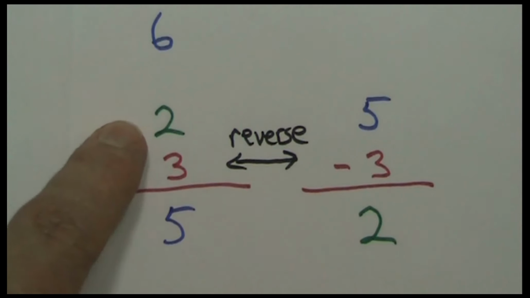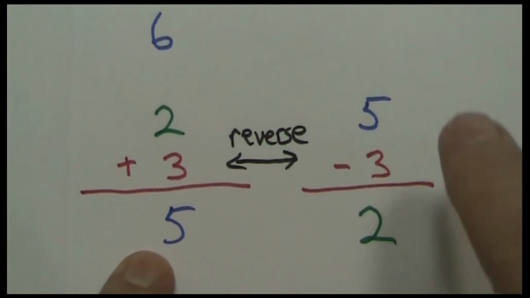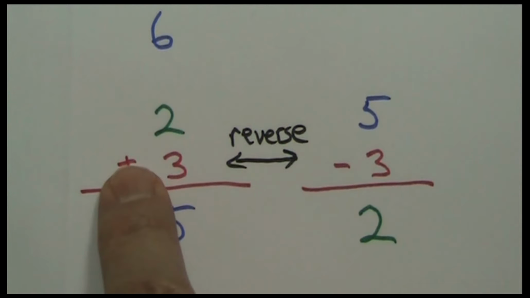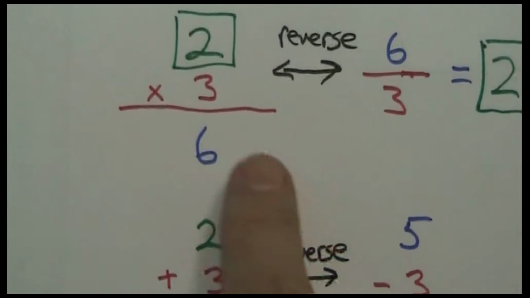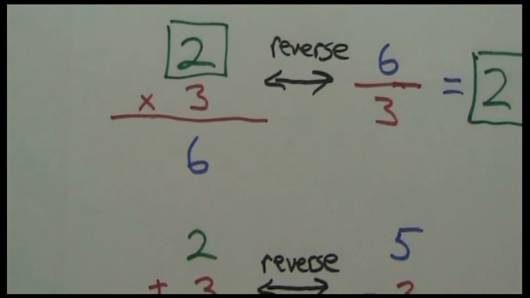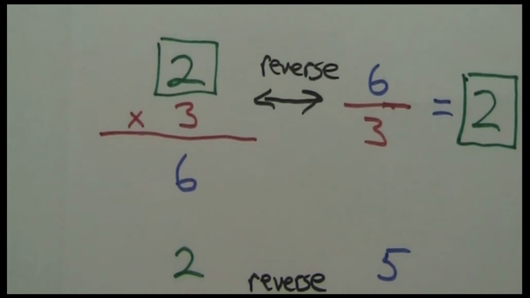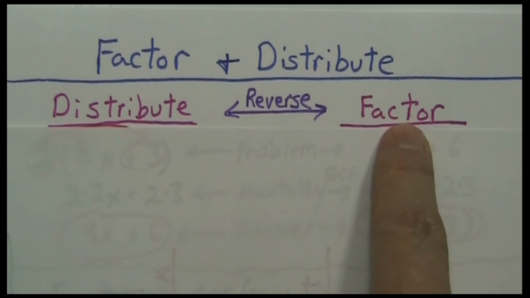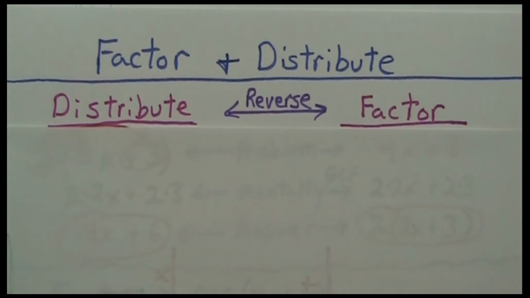I start with 2, I end with 5. I start with 5, I end with 2. It's reverse. Plus 3 minus 3 are reverse. Times 3 divide 3 are reverse. Distributive and factoring, they are reverse of each other. They go the opposite.